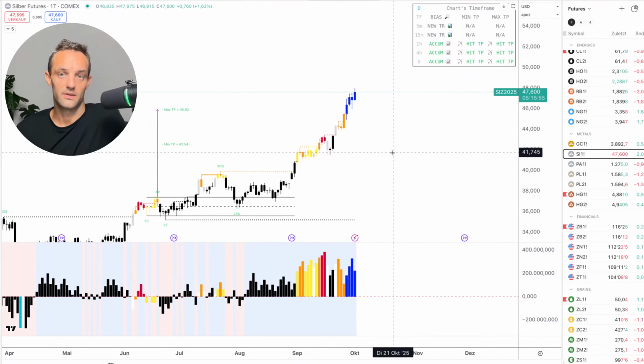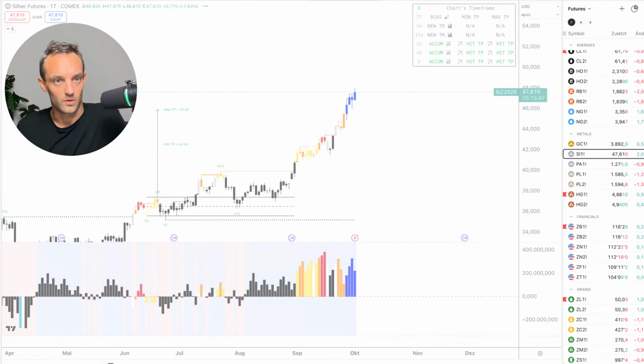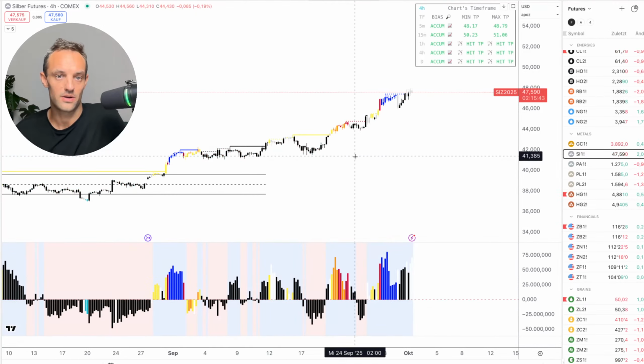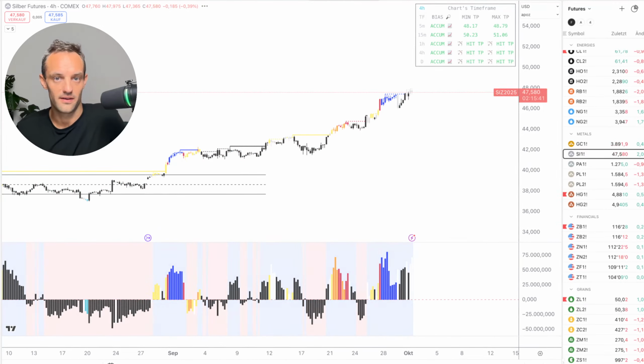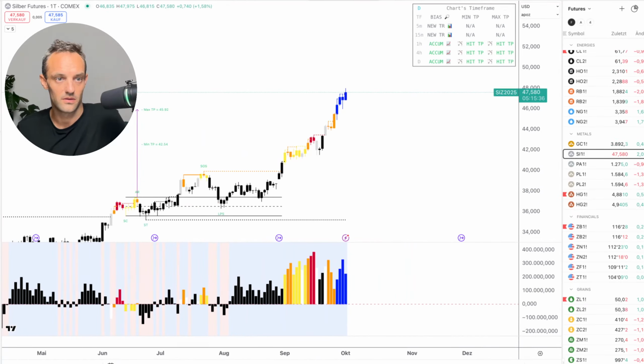How to find good entry opportunities? I mentioned it in last week's live stream. Go to the 4-hour chart and wait for bearish candles within this zone. Okay, mark this zone on the daily time frame.